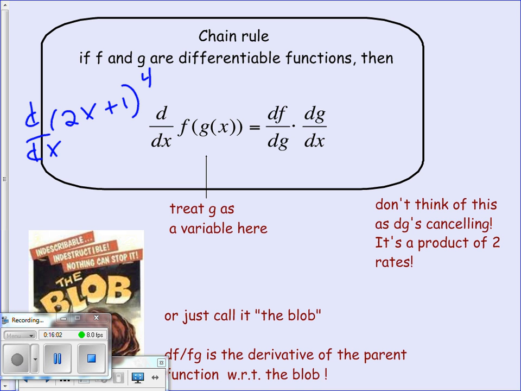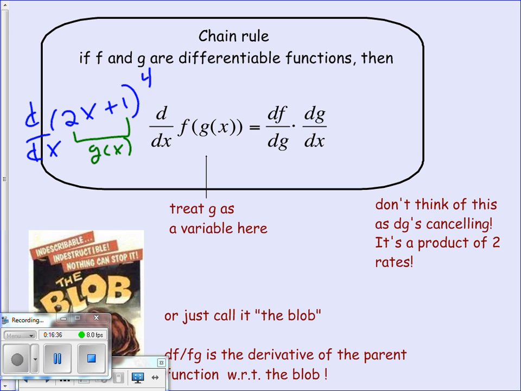What we have to get in the mindset of is what's the parent function, what's the outer function, and what's the inner function. If there's parentheses, what's the big thing outside the parentheses? I'm raising something to the fourth power. My parent function is something being raised to the fourth power. What am I raising to the fourth power? The blob. So this part here is my g of x.